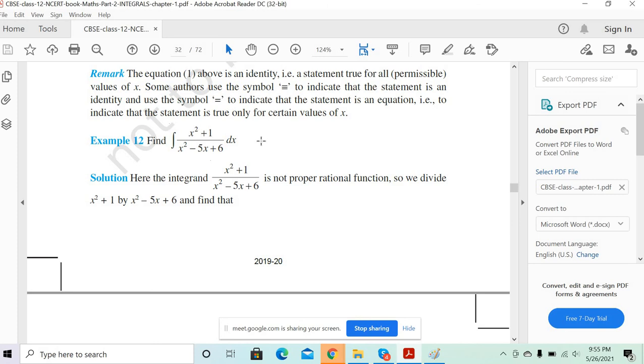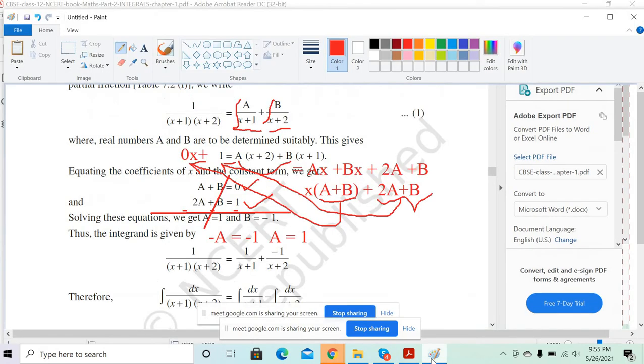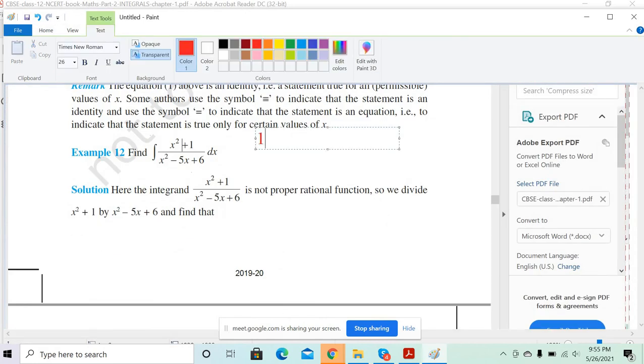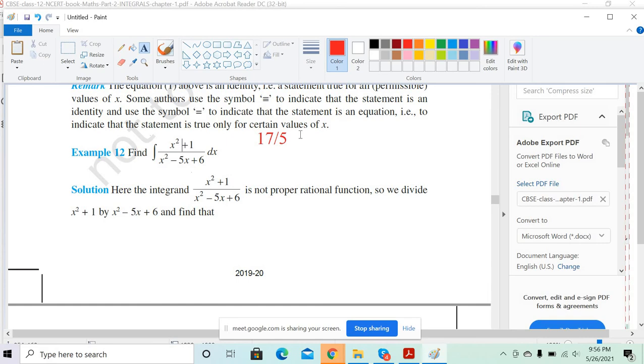You remember how to put it in a mixed fraction? For example, if it is 17 by 5, it is an improper fraction, right?